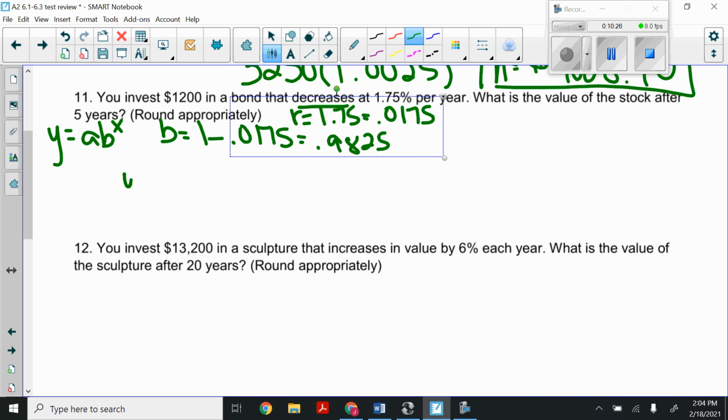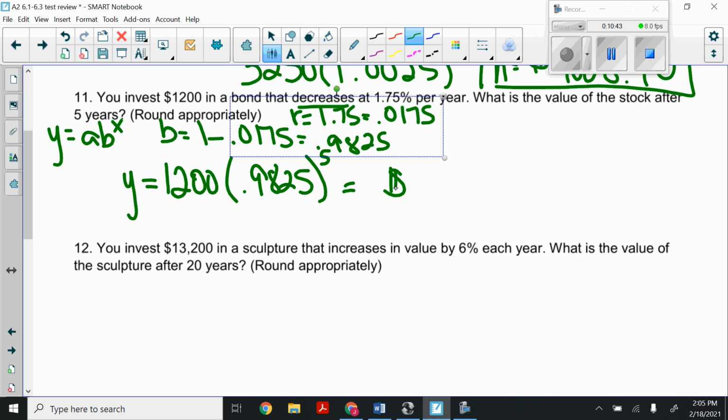So let's plug this in. y equals a, that's what we started out with, 1200, times our b, our decay factor, 0.9825, to the t power, they tell me 5 years, so to the 5th. And again, it's going to be money. So 0.9825 to the 5th power times 1200, and we're going to get $1,098.61.